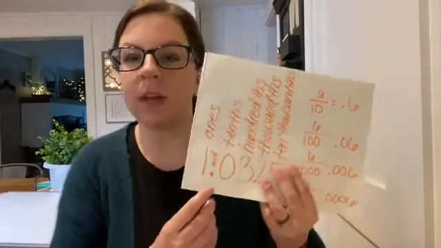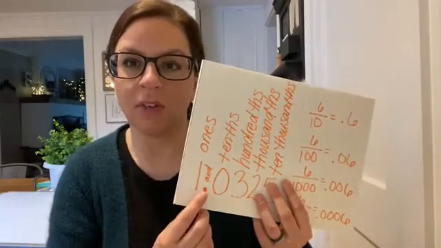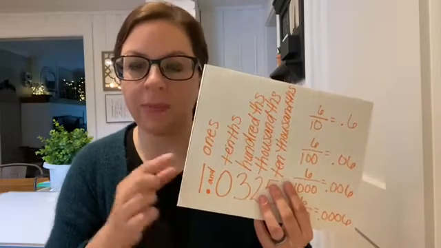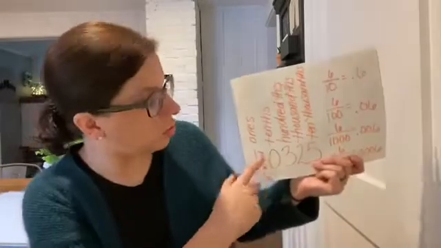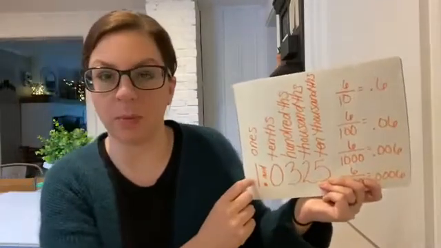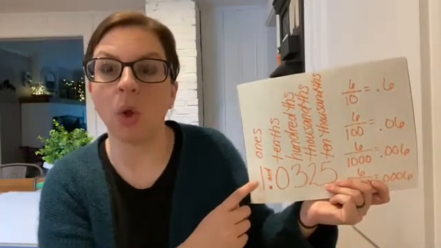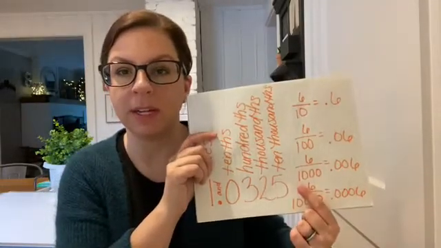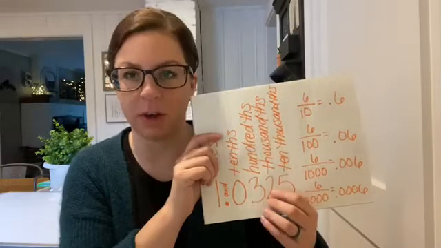This little dot right here is called a decimal point. Anything to the left of the decimal point is a whole number. Anything to the right of a decimal point is part of a number.